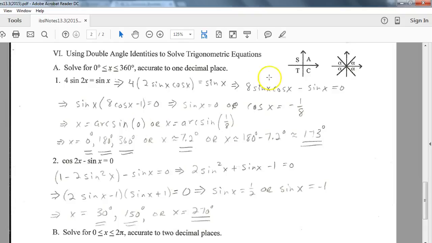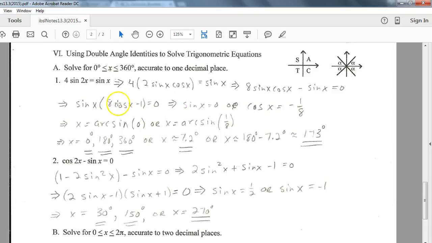So where would that occur? So if you look at this drawing right here, I'm going up 0. So that would happen at 0 degrees. That would also happen at 180. That would also happen at 360. So those are my three answers that I'm getting for the first part of this. And again, those all have y coordinates of 0 because it's a sine function.